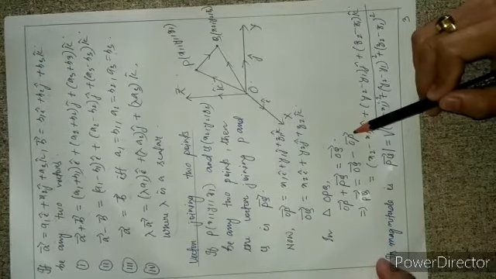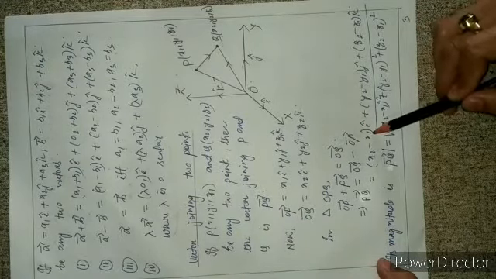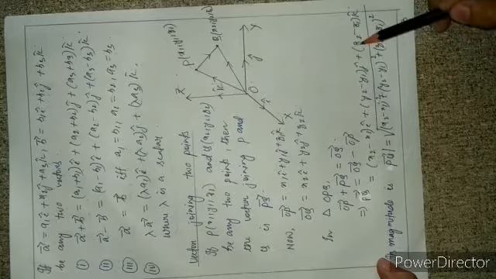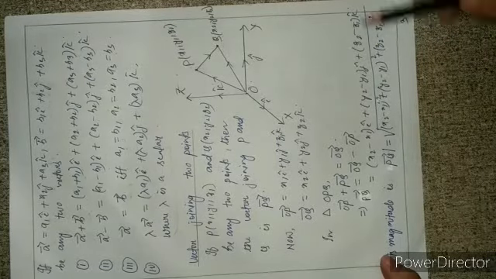Subtract their corresponding components. We have x2 minus x1 i cap, y2 minus y1 j cap, and z2 minus z1 k cap.